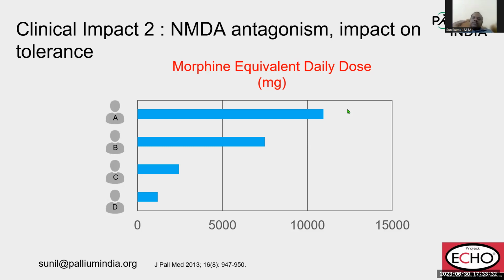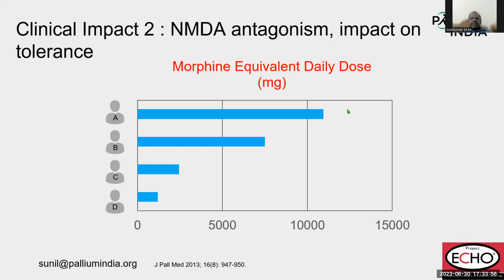So to get the same effect, you need to increase the dose of medication. That's the simple explanation. Probably these patients also have tolerance, and that's why they are consuming such high amounts of morphine equivalents.